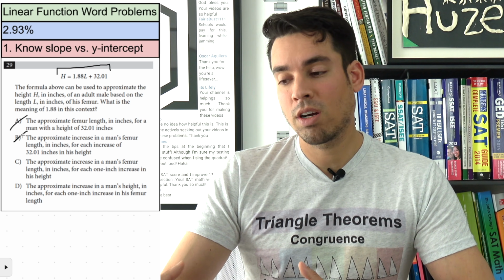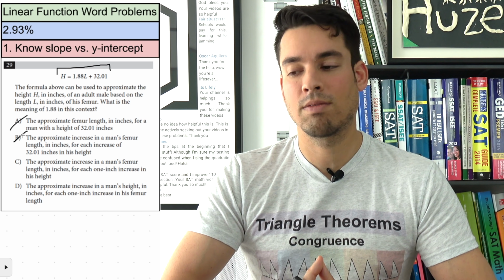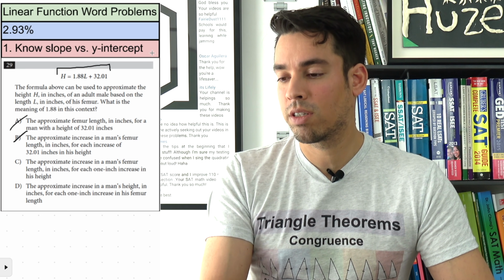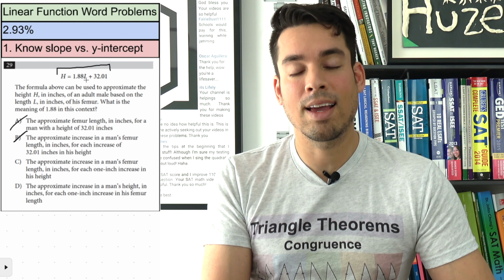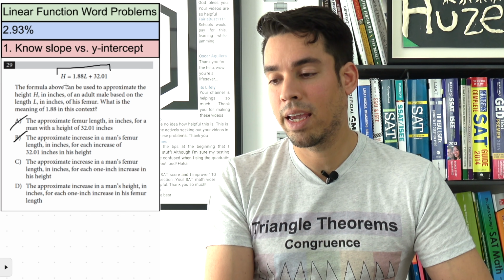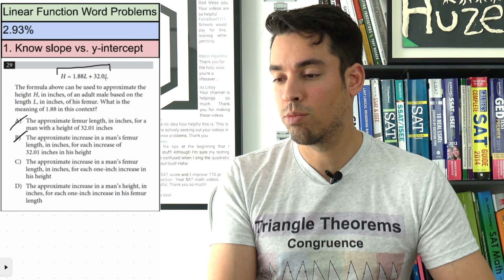Now it says the approximate increase in a man's femur in inches for each 1 inch increase of his height. That sounds a little bit better. The problem is, if we really look at what's happening here, if I increase the L value by 1, that's what's going to make the height go up by 1.88. And we can quickly see, like if I plug in 0 for L, I get 32.01.